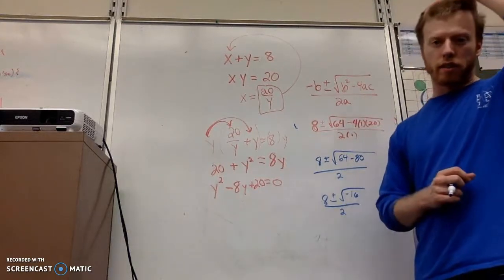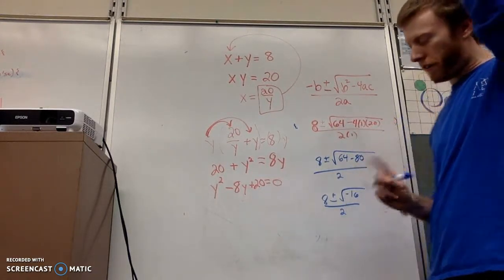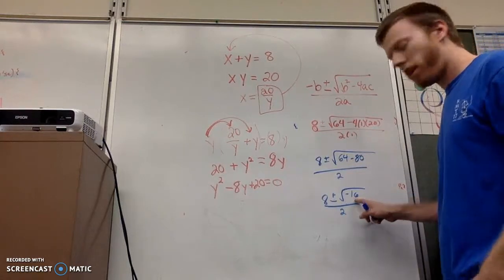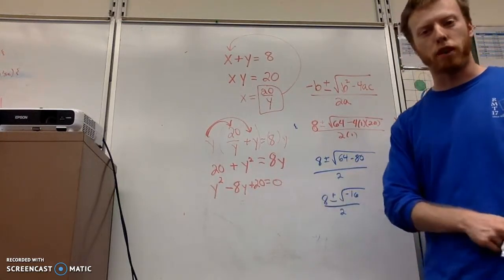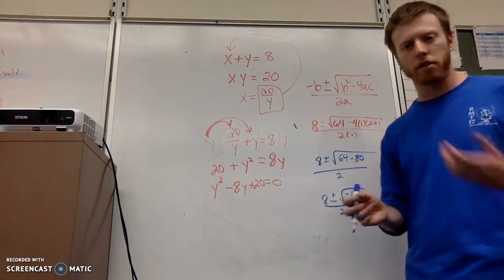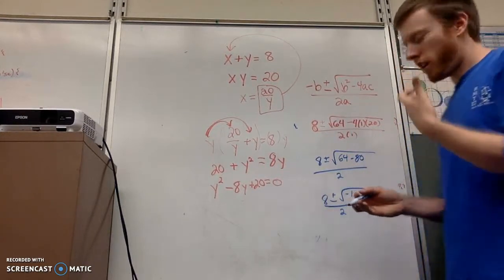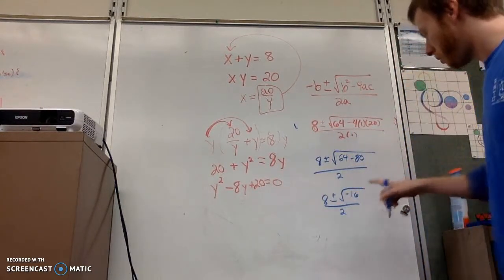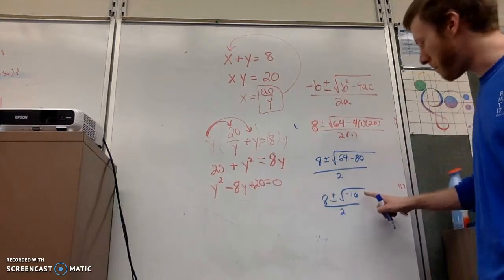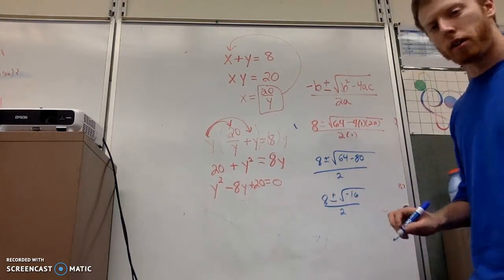But if you notice, this is kind of an interesting trick. Usually what we have done is simplify the radical first, before we do anything else. Can we still simplify this radical? Well, I'm looking at 16 here, and I'm thinking, man, that's almost a perfect square.